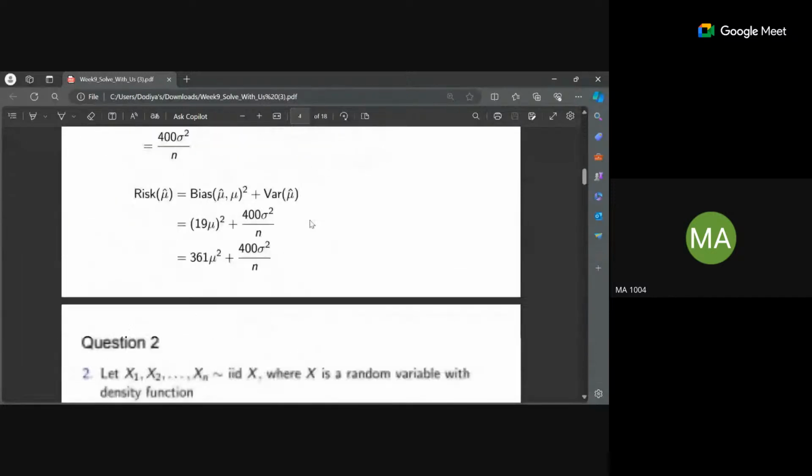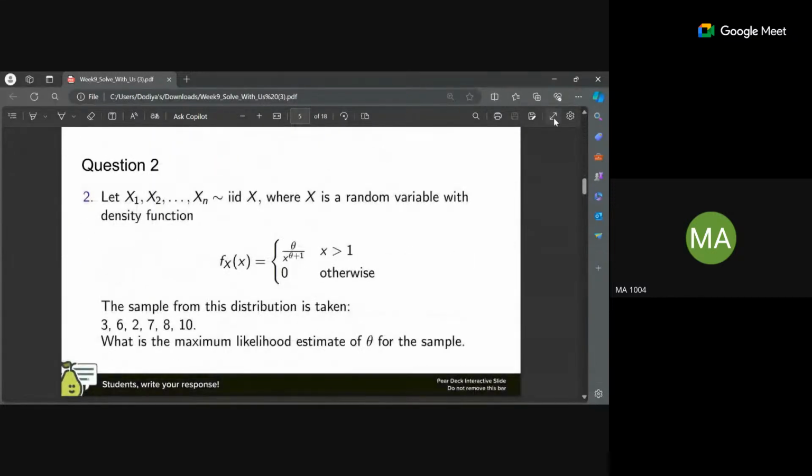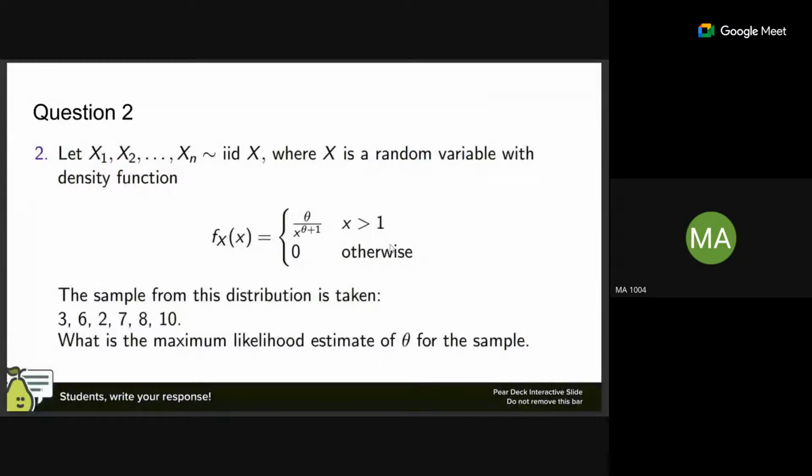Okay, so there is another question which says: if Xi's are IID samples where X is a random variable with a given density function, a sample from this distribution is taken. What is the maximum likelihood estimate of theta for the sample? We discussed yesterday how to find the maximum likelihood estimator, right?